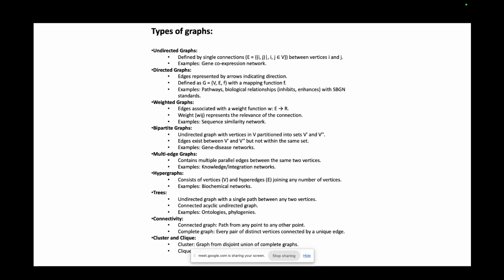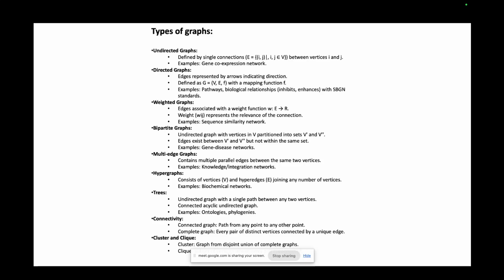So networks or graphs, how do we define them at first? A graph is basically a set of nodes connected by a set of edges. Each of these nodes represents a particular element. In a biological sense, if it's a metabolic network, your nodes will be individual metabolites or individual enzymes, and the edges connecting two nodes will denote a relationship between these two metabolites or enzymes.